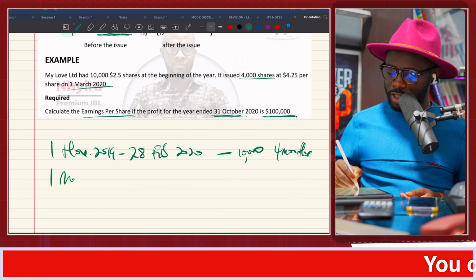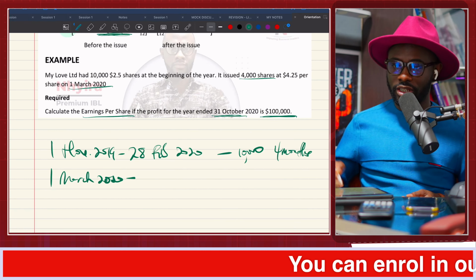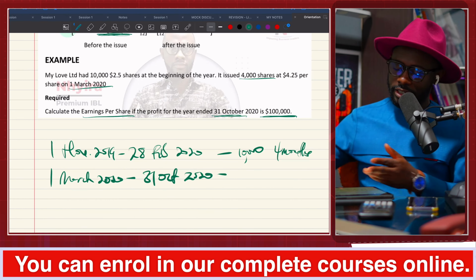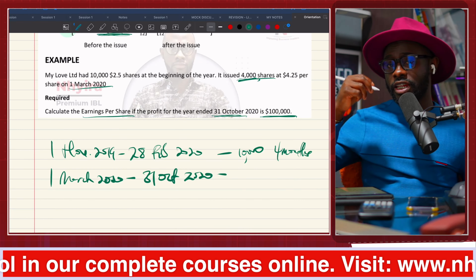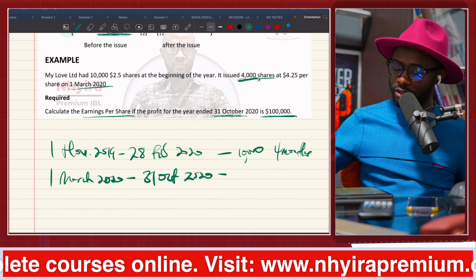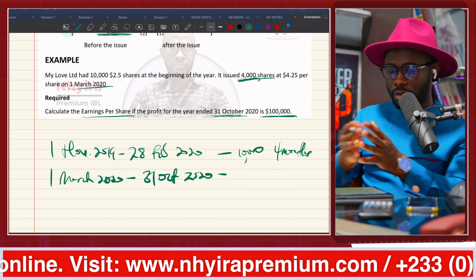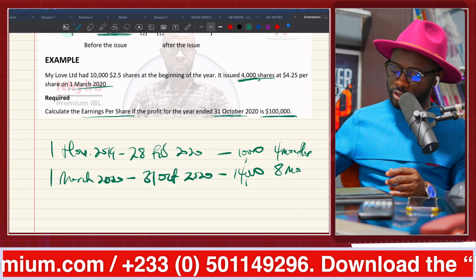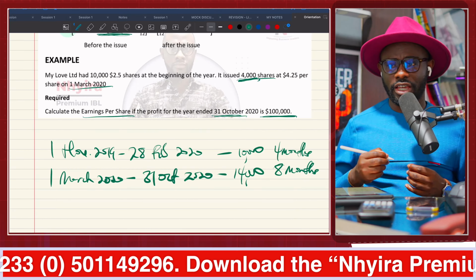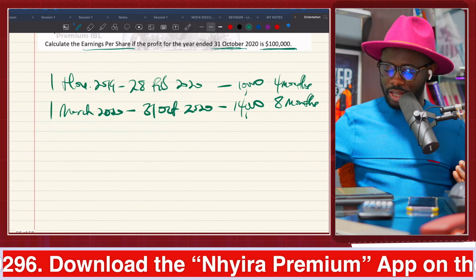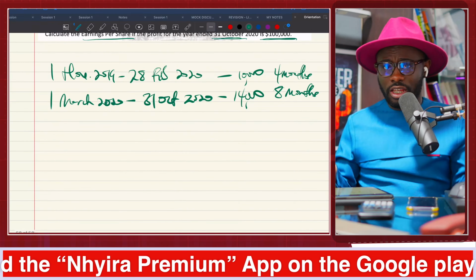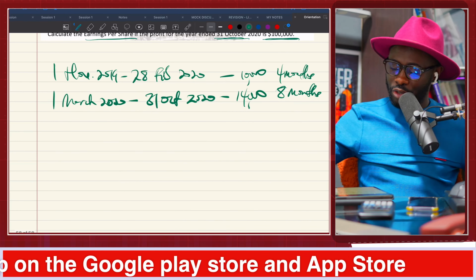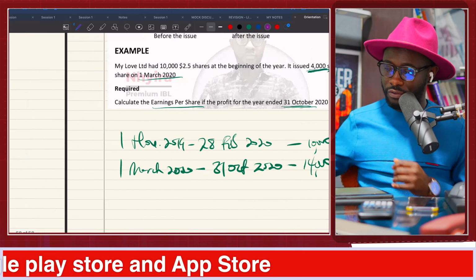Then from 1st March 2020 to 31st October 2020, they did a full issue of 4,000 shares. So now the total number of shares will be 14,000, and that had been there for 8 months. Are you getting the idea? Since it's issued at full market price, there will be no bonus fraction headache here. So all we do straight up is calculate the weighted average number of equity shares.